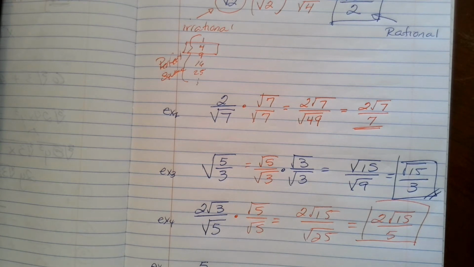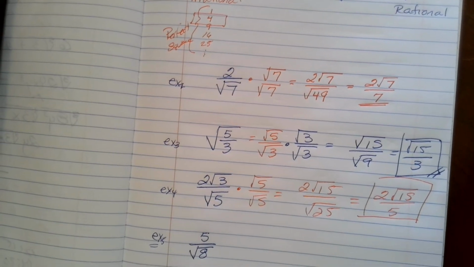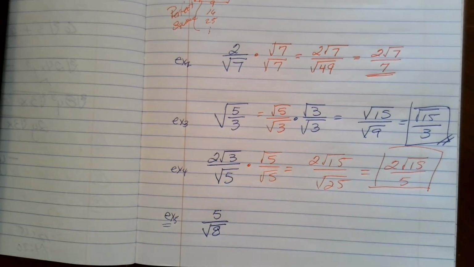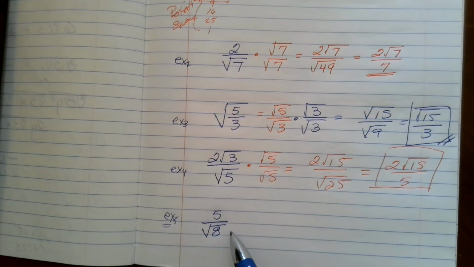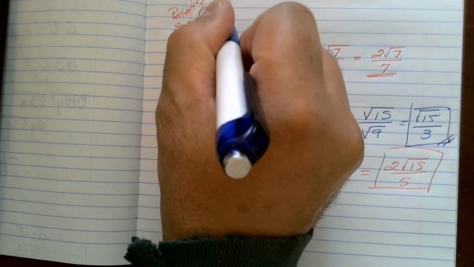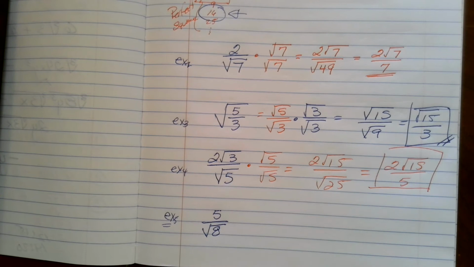I put one more example down here, 5 over the square root of 8. So there's two places we could do, we want to rationalize this 8. So typically you might be drawn to saying, well, 8 times 8 is 64. We could do it that way. But an easier way might be to recognize that 16 is a perfect square.